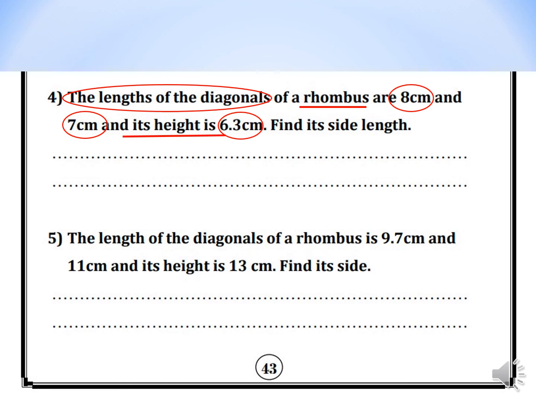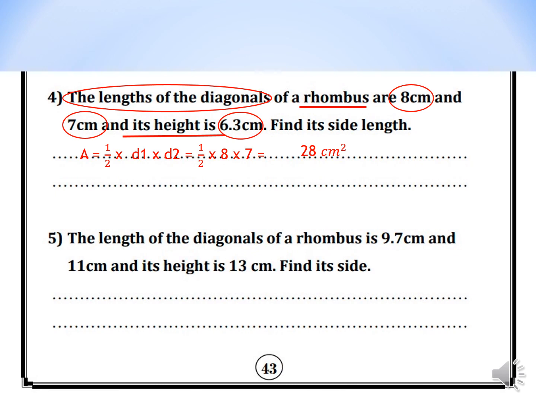I have to get first the area of the rhombus. To get the area, I will use the rule of the diagonals. The area equal half times diagonal 1 times diagonal 2. So the area of the rhombus equal half times 8 times 7 equal 28 centimeters squared.